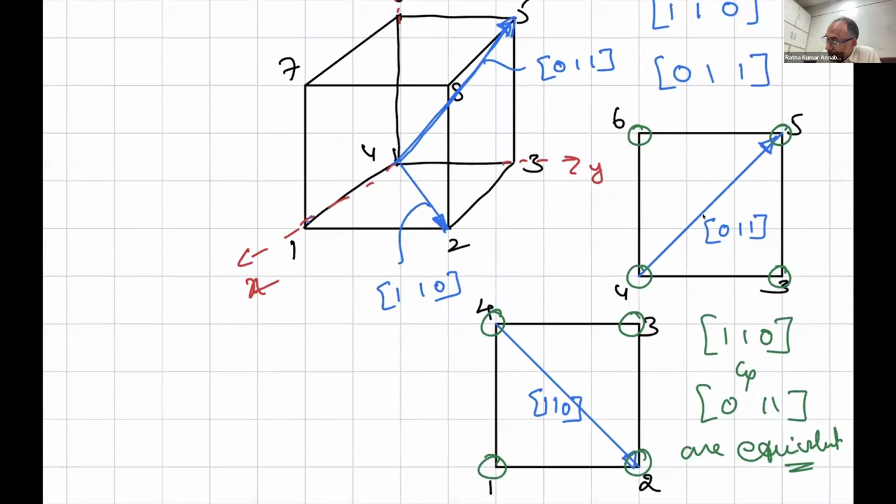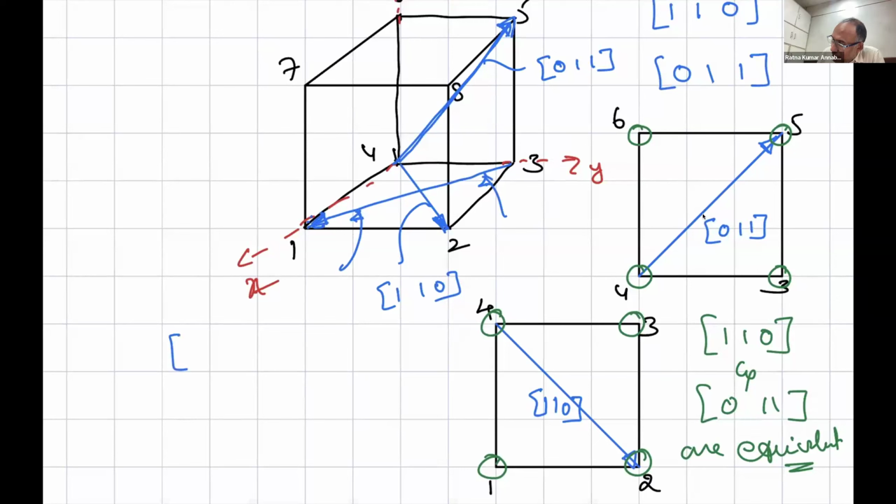Yep. Not only that, if you look at this fellow, interestingly, what are the direction indices of this? What will be the direction index of that?